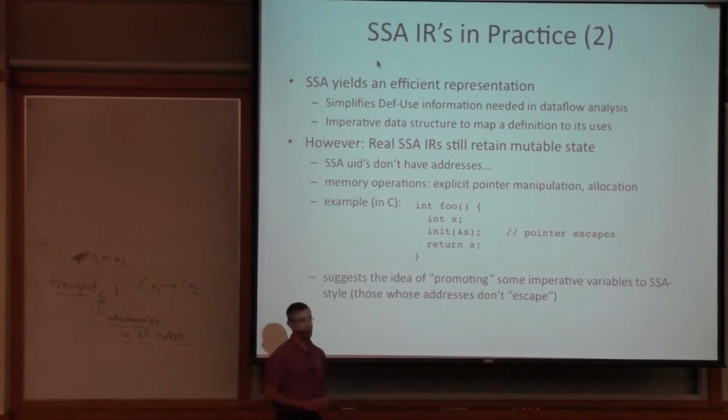There are, I should say, some research papers on what's called full heap SSA form, where they try to put all of memory into this kind of SSA form, but it's very unwieldy and doesn't really work in practice. So all the modern compilers like GCC and LLVM use this.